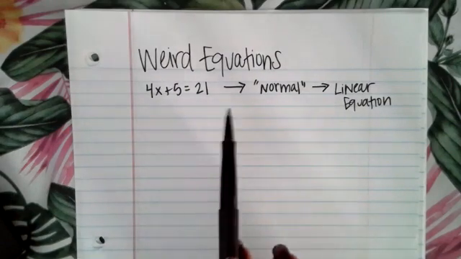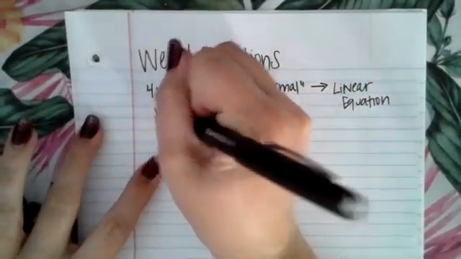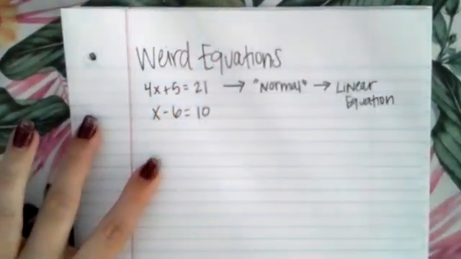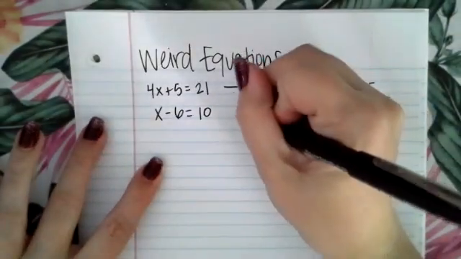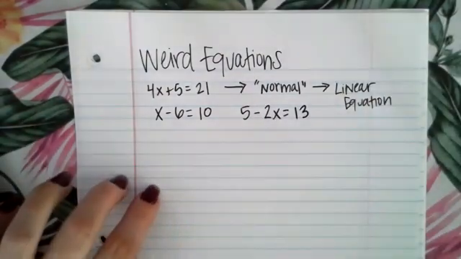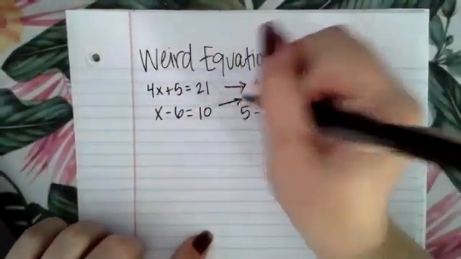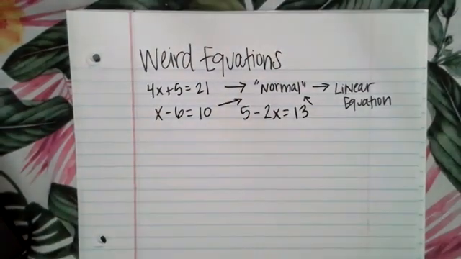There are also equations like the ones we've been doing, like x minus 6 equals 10, or 5 minus 2x equals 13. These are just some more examples of normal or linear equations, okay?